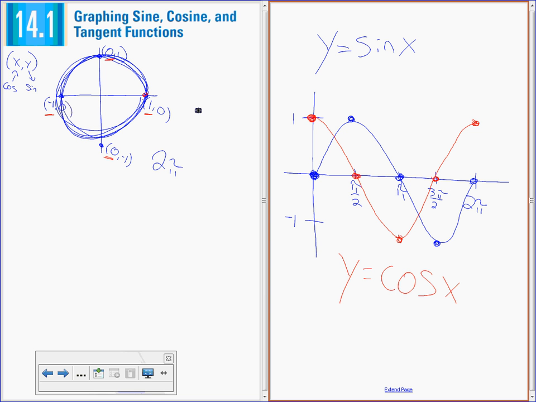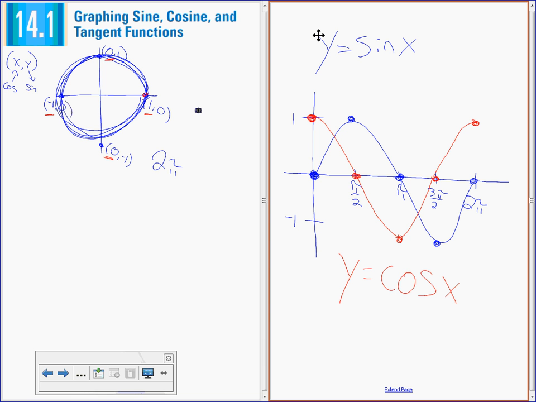You put it in your calculator, and it looks exactly like a sine curve. If I move it, see how it's basically the same curve? It just has a different starting point. So the differences between sine and cosine are very minute. One of them starts at 0. The other one starts at 1 when you're looking at the unit circle.